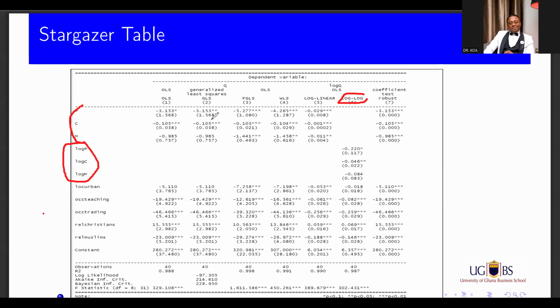So you have multiple models here, and now you can use the coefficients to check. But look at the last column here. That last column for me is critical. Why? Because if we check all these, they are showing some significant values. But if you check OLS and GLS, they don't show significant values for income.